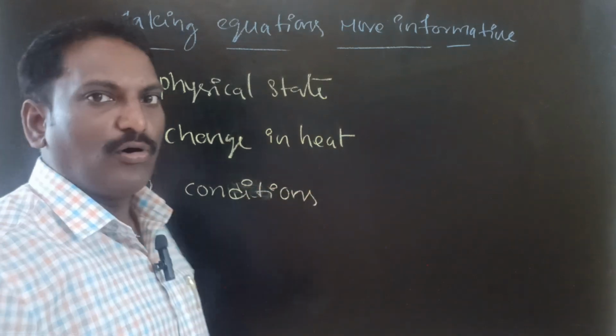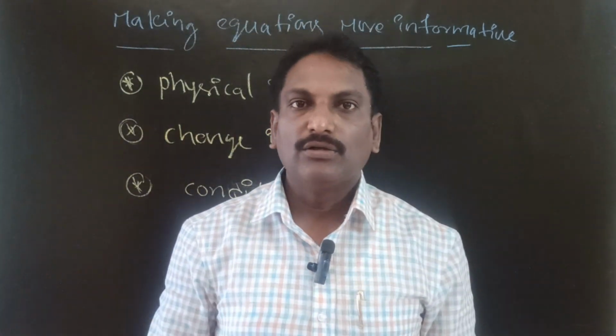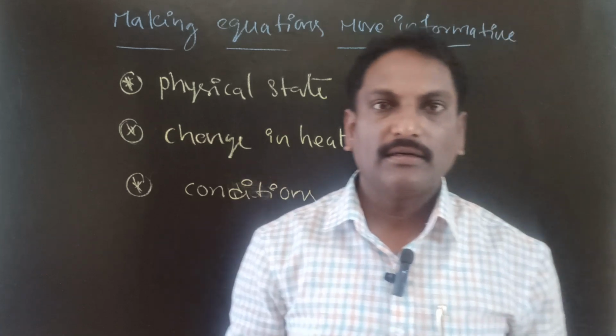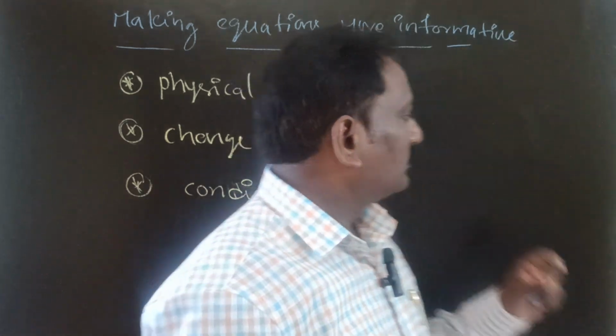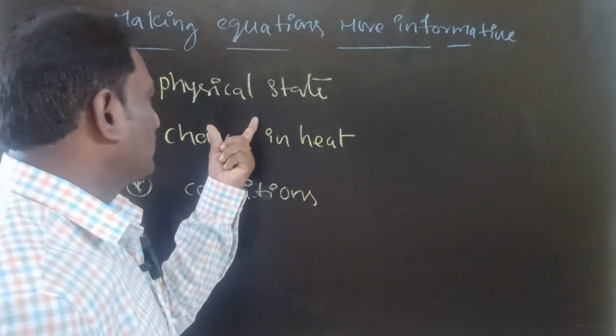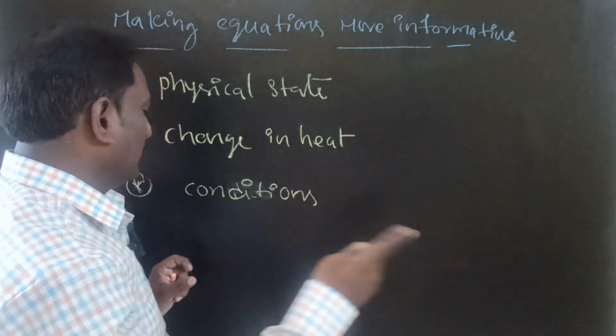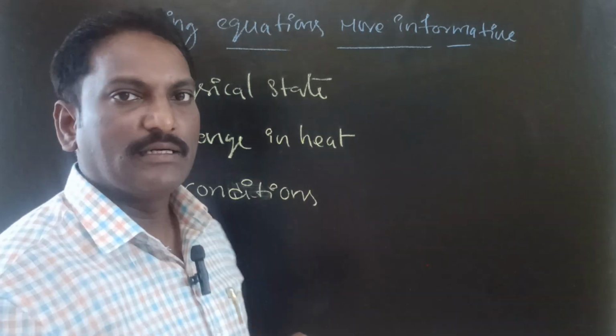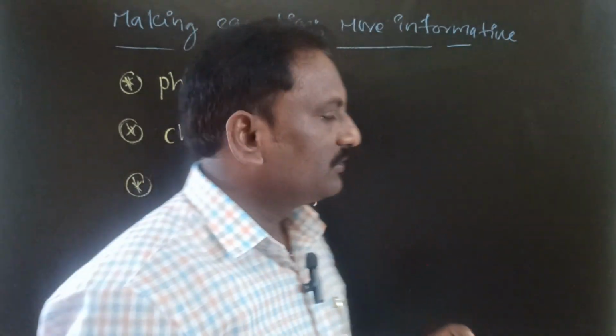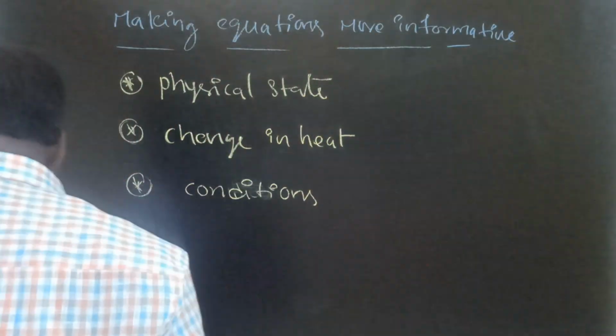The conditions are necessary for the chemical reaction to take place. So the three points are mentioning the physical state of the reactants and products, showing the change in heat, and the third one is reaction conditions. Let us discuss one by one.